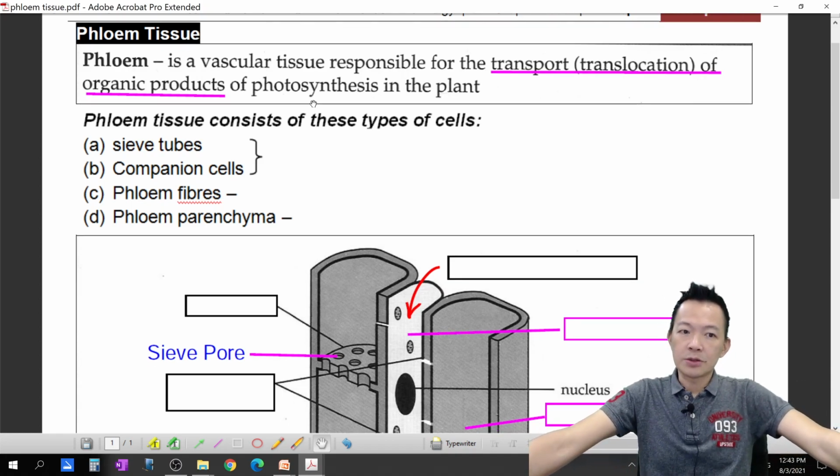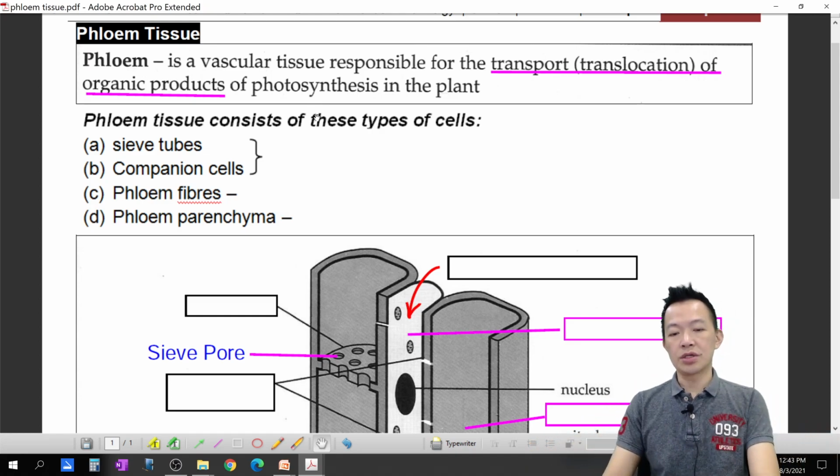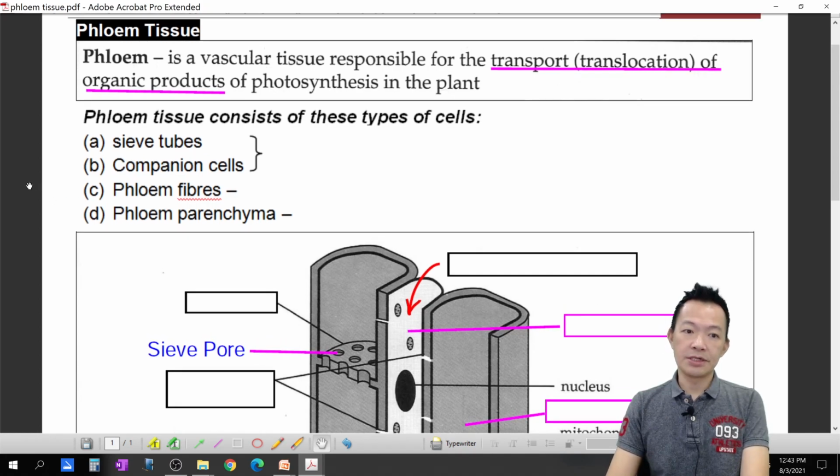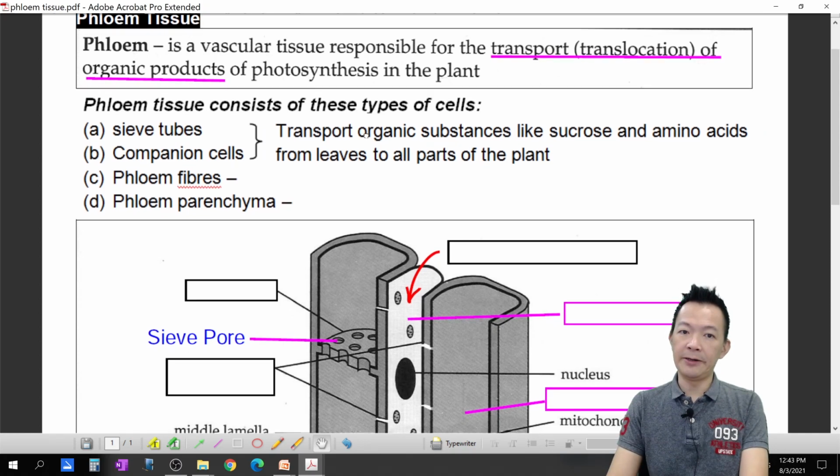So the xylem tissue and phloem tissue actually are made up of different types of cells. And the main cells in the phloem tissue are the sieve tube and companion cells. So what are sieve tube and companion cells? They are the main cells.